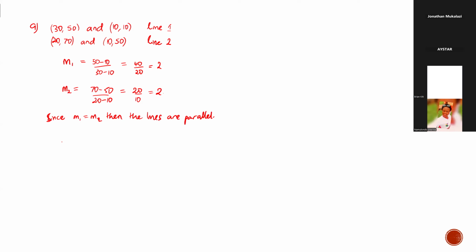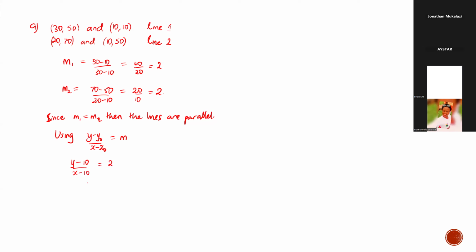Now, to get the equations of the lines, we can use the equation that I had talked about earlier, y minus y naught out of x minus x naught is equal to m. So we could use the point (10, 10) for the first line: y minus 10 out of x minus 10 is equal to 2.